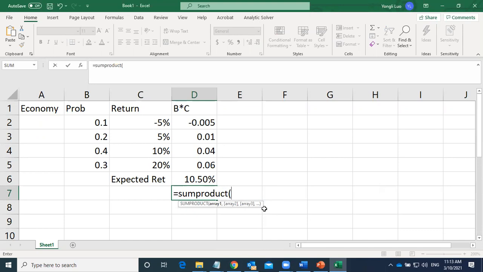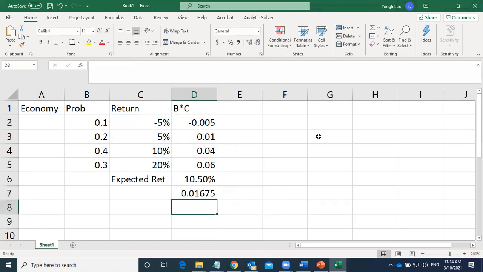Use the SUMPRODUCT function, select all of this, comma, then select the next column, and close parentheses. Learn how to use it, because you're going to use it later, when we have the cost of capital. You still need this SUMPRODUCT function.